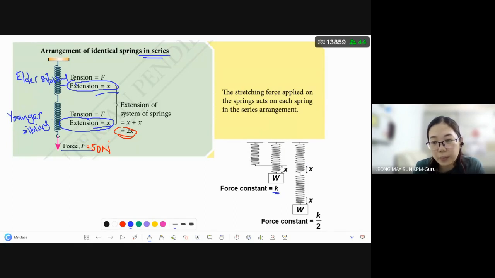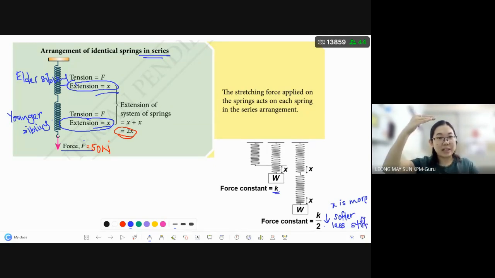But if you have two springs, it will extend two times with the same load, so the spring constant is divided by two. When the spring constant drops, the extension is more, obviously, because it has become 2x. So it is softer or less stiff when the springs are placed in series.